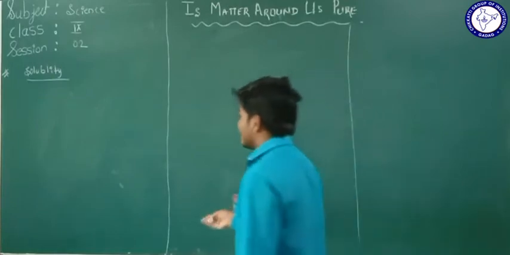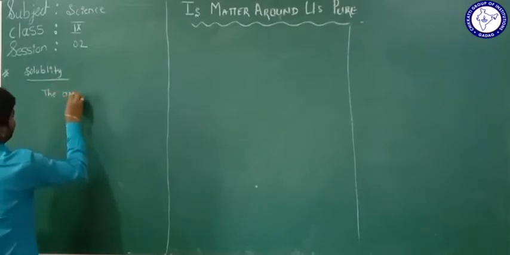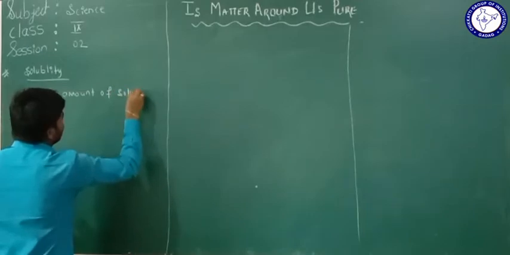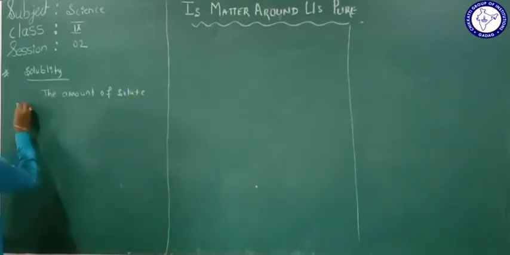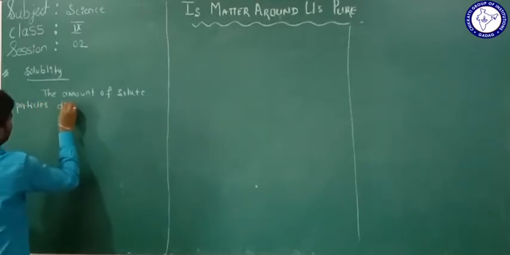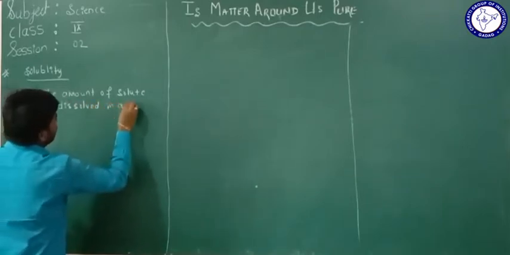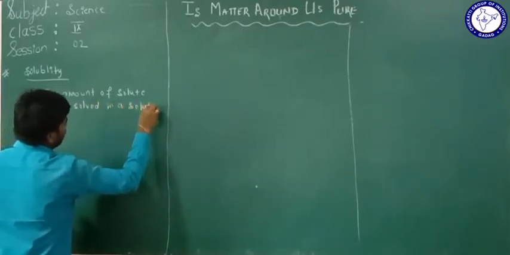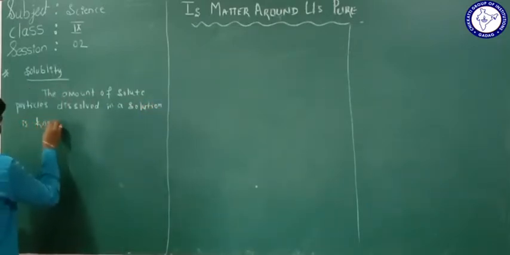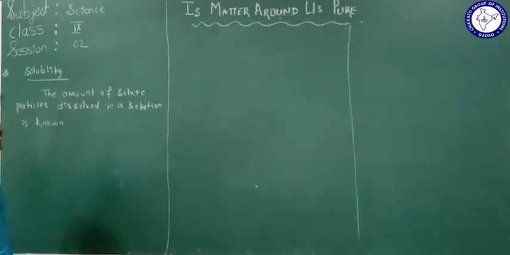What is the solubility of a solution? Solubility means the amount of solute particles dissolved in a solution is known as the amount of solute particles dissolved in a saturated solution.